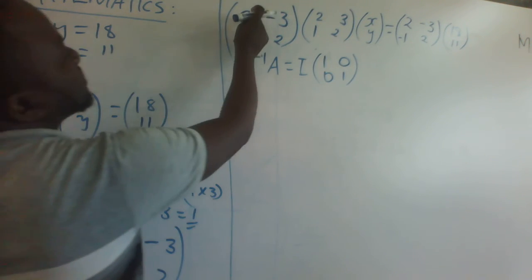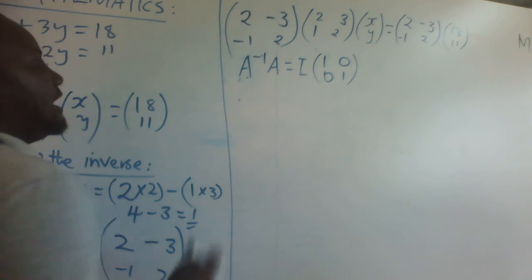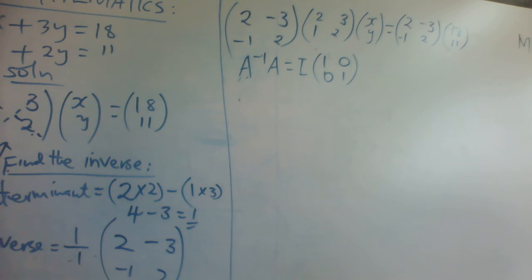That means we multiply the product of these. How do we multiply matrices?